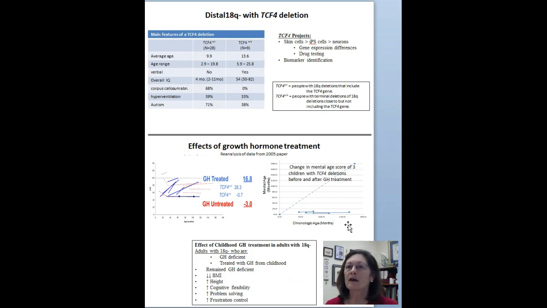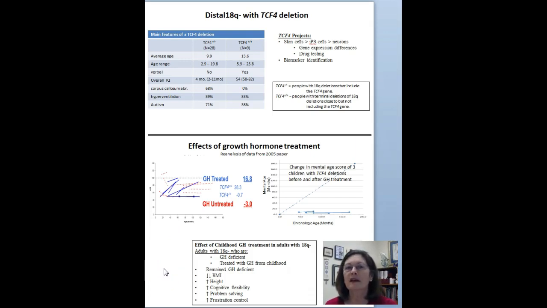Below that are some other data we've acquired since then, the effect of childhood growth hormone treatment in adults with 18q-. And so the adults with 18q- who were growth hormone deficient and treated with growth hormone since childhood and remained on growth hormone as adults, they all remained growth hormone deficient.